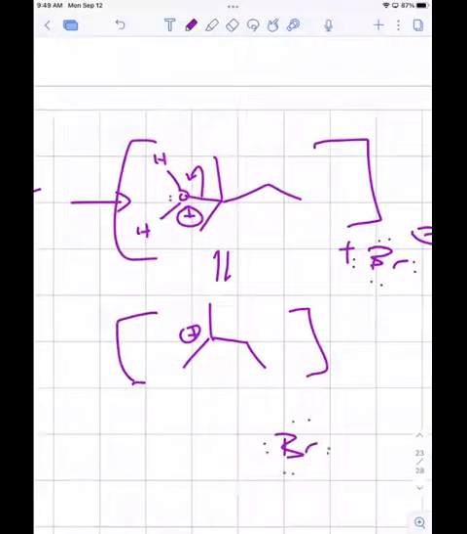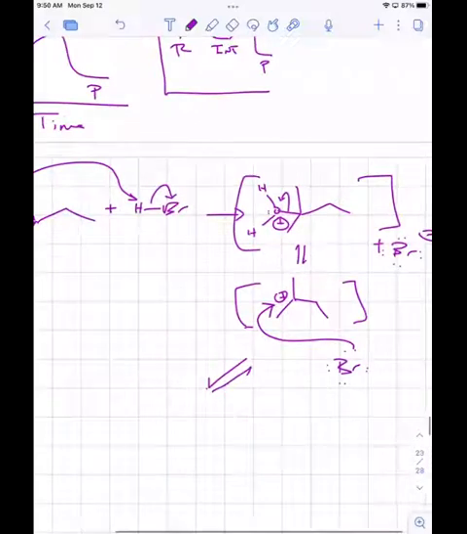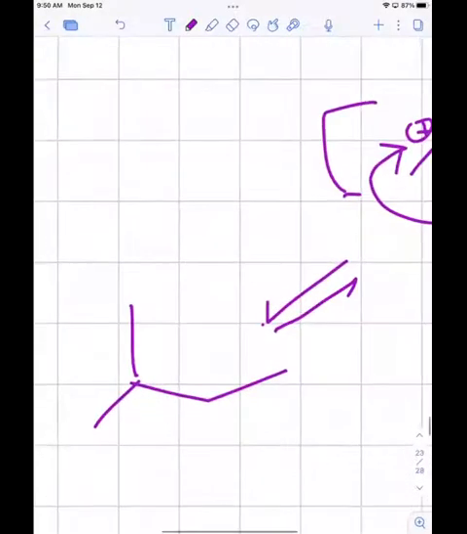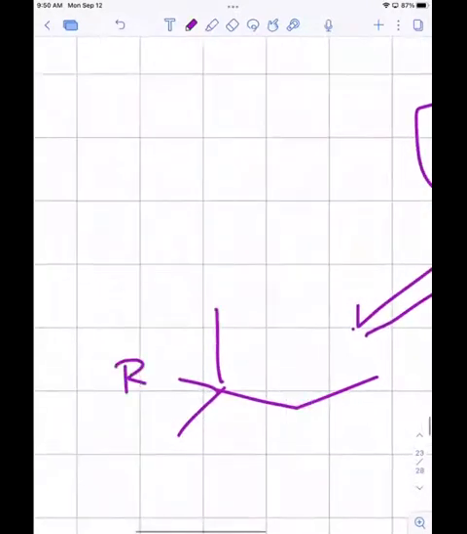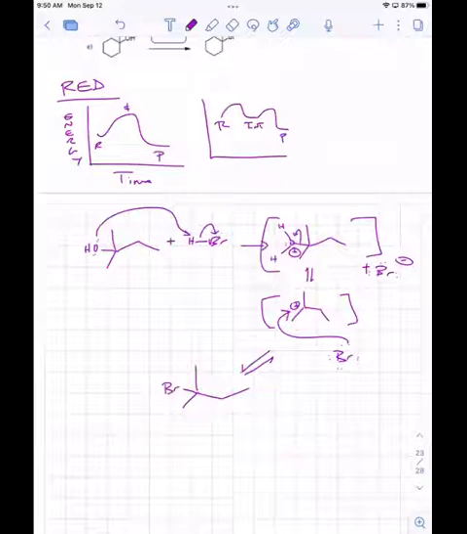Okay. I think the way I wrote it in my notes is really confusing. Do you have a question about it? We can answer it right quick. I just got everything happening all at once, I think. Yeah. No, this is definitely one of those reaction mechanisms that has multiple intermediates.